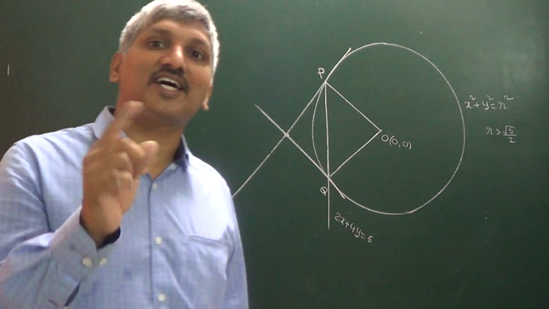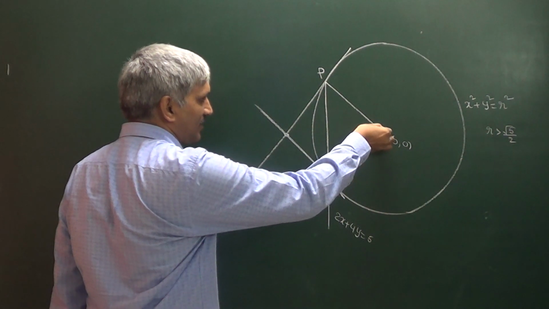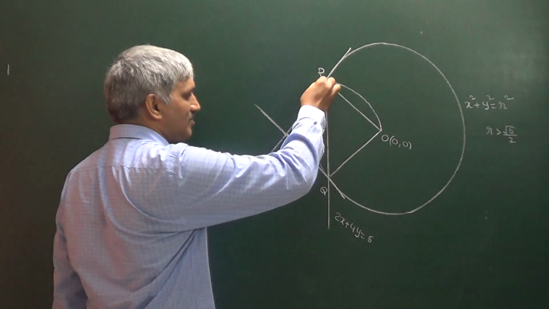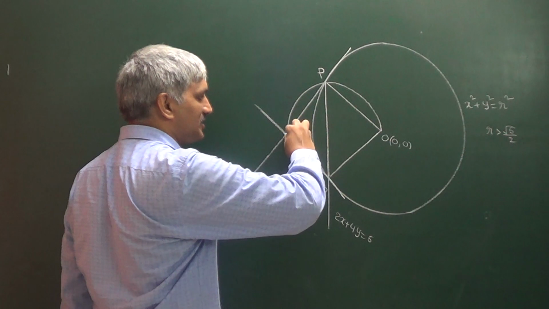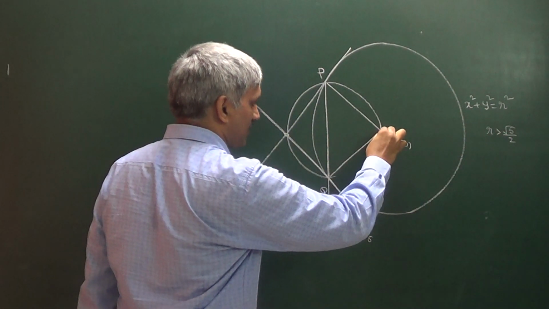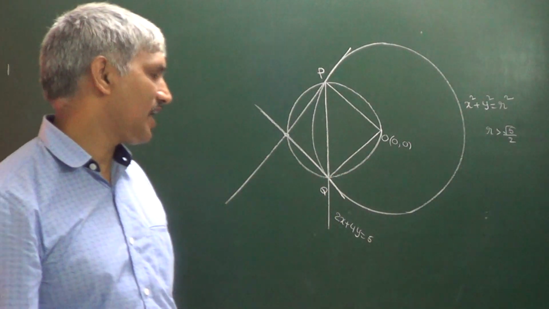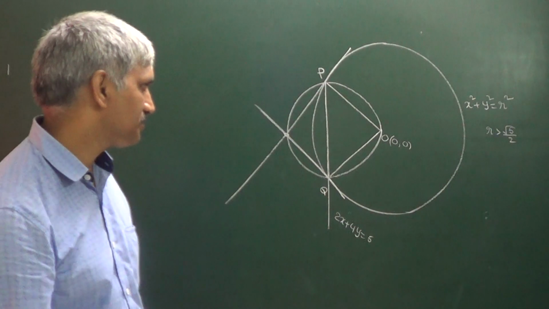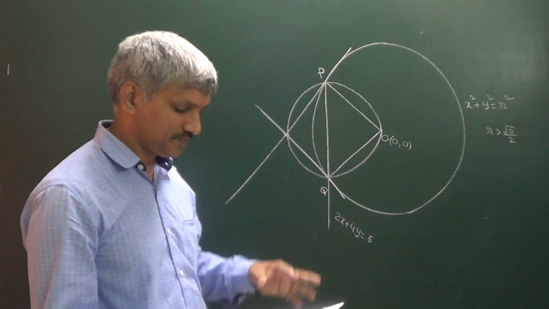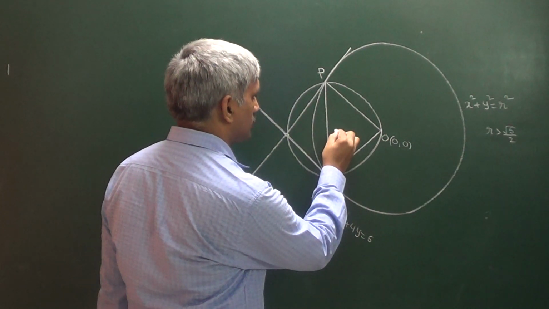No doubt, this circumcircle of the triangle OPQ must pass through the point of intersection of the tangents. This circumcenter of the triangle lies on the line x + 2y = 4.